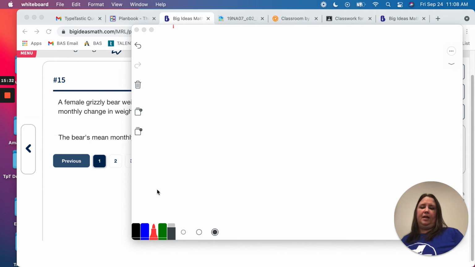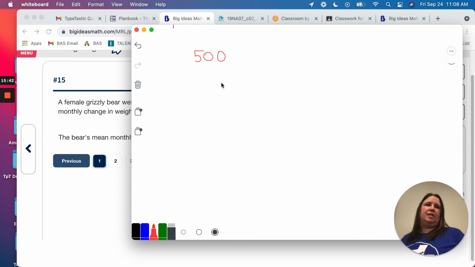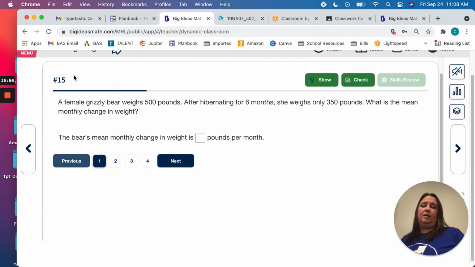Okay, so again, how much did the grizzly weigh to begin with? 500. And after 6 months, how much did the grizzly bear weigh? 350. It asks, what is the mean monthly change in weight?